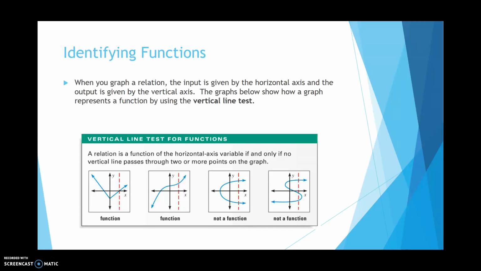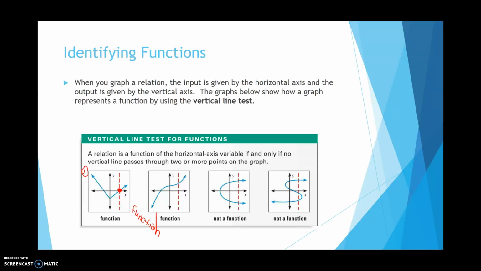So for instance, if we look at the first graph right here, notice the red dotted line going through, this is what we call the vertical line test. And notice it passes that graph only once. So this is considered a function because it goes through the graph only once using the vertical line test.